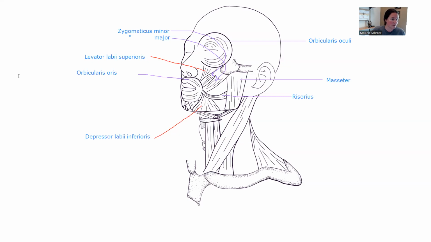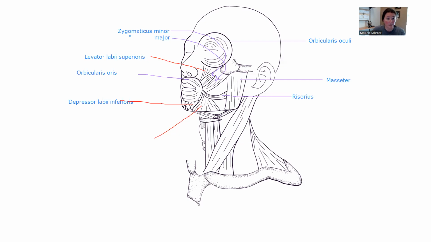Actually, I used the wrong one, so pardon me for that one. The antagonist muscle to the levator labii superioris is the depressor labii inferioris. Okay, so this one is going to pull the lip down. And so I made the mistake.